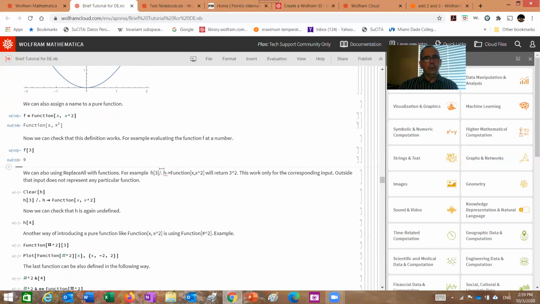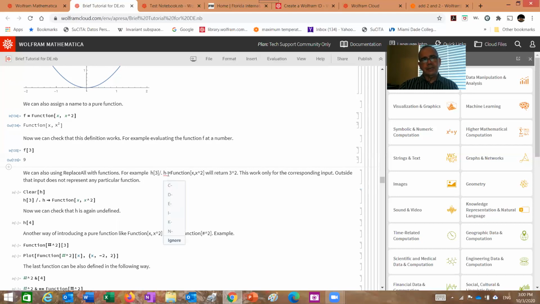For example, if you want to evaluate h of 3 in the case that h is the function given by this expression, the function of x that transforms x into x to the second, then we can do it by using this notation. You see that you have here a slash and a dot, and then the h and an arrow.